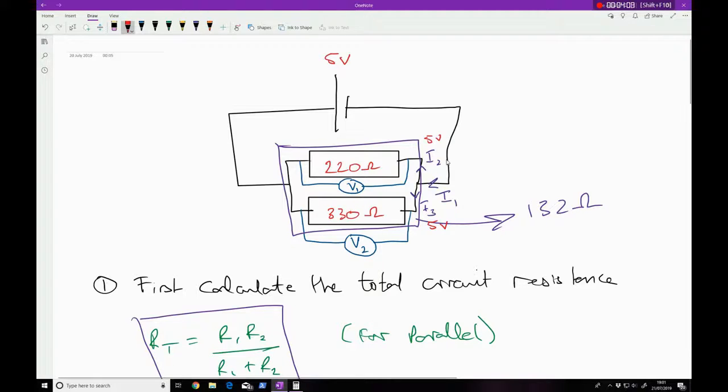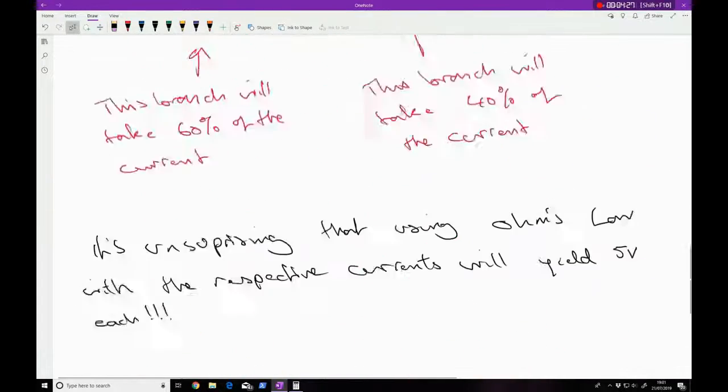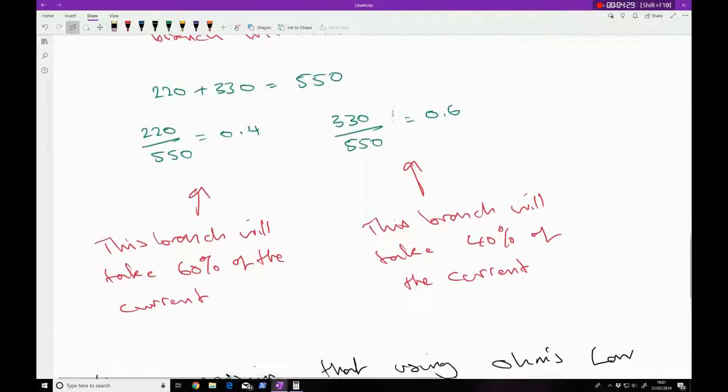So even if more current goes in there and less current goes in there, each electron within that current still has the same energy per unit charge. So 5 volts has not changed until it gets lost on the resistors. So these two voltmeters would read about 5 volts each, and we can calculate it as well.